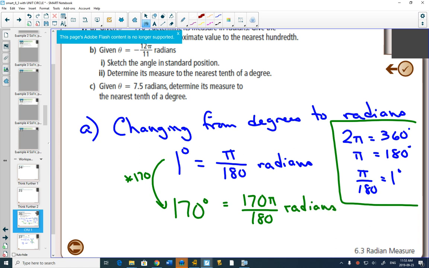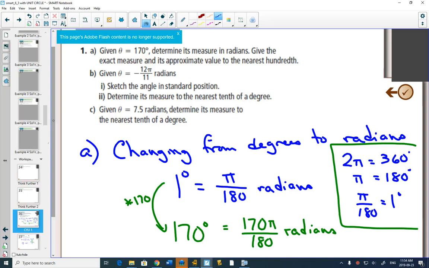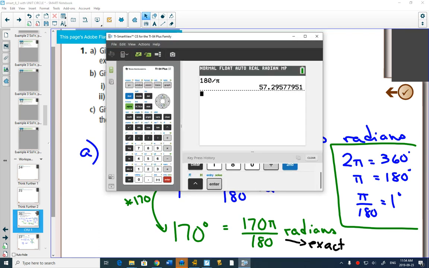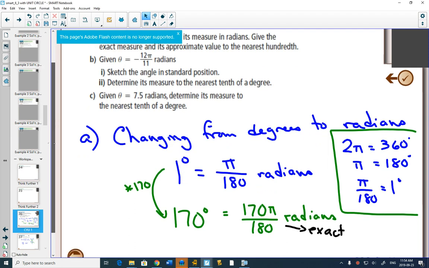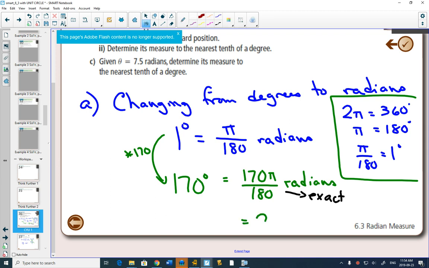And I'll get 170 pi over 180 in radians. You could type that into your calculator. That's the exact measure, so we call this exact. If we went to our calculator to figure out what this is, 170 pi divided by 180, 2.97. That would be to the nearest hundredth.